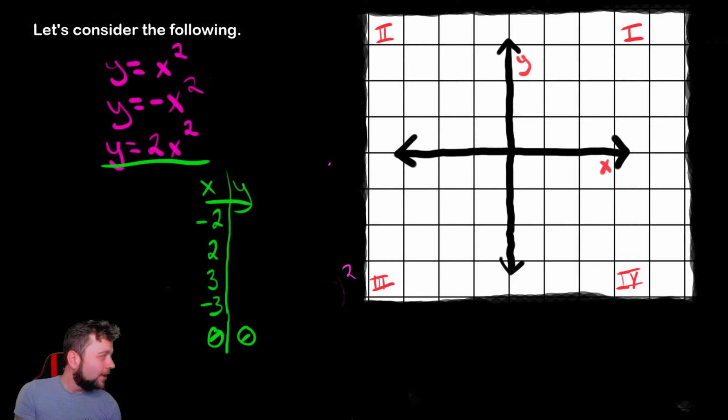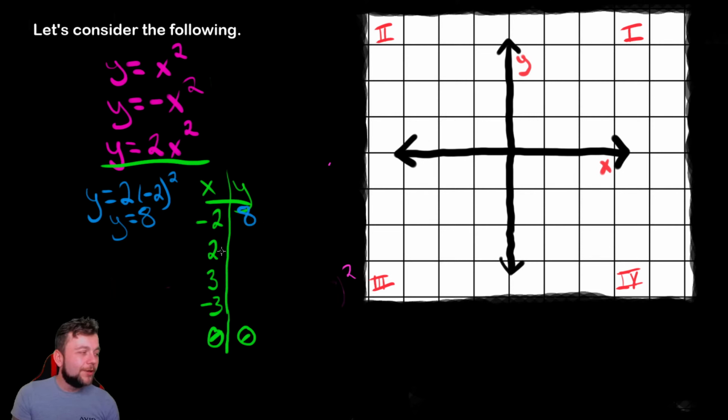We'll change up our colors. Y equals 2 times negative 2 squared, y equals 8. Boom, 8. What do you suppose the 2 will be then? Well, it will also be 8. And 3, so what is 3 times 3? It's 9. And then times 2 is 18.